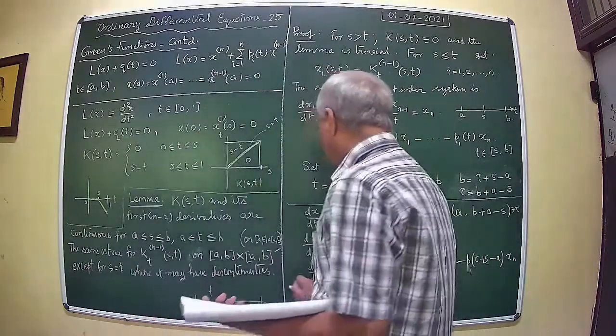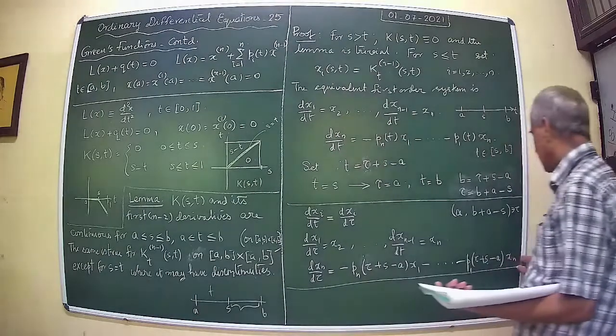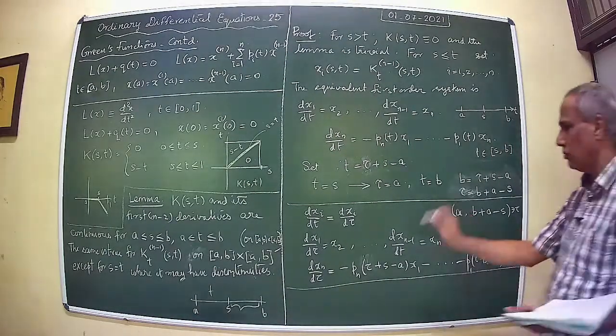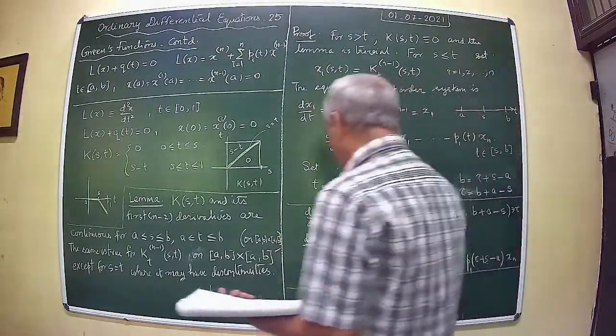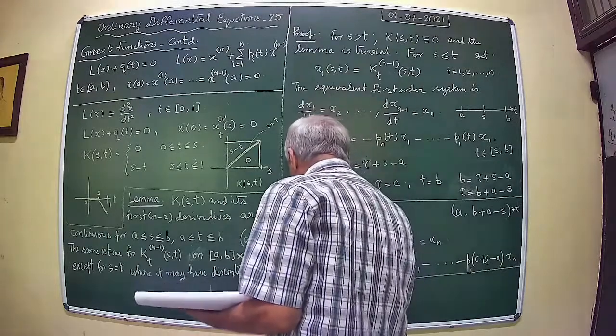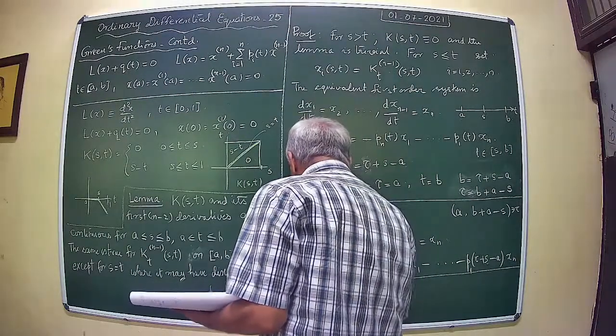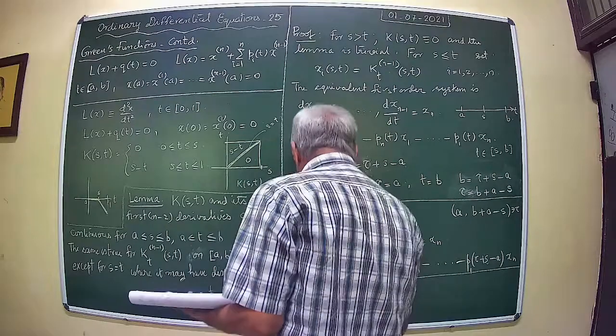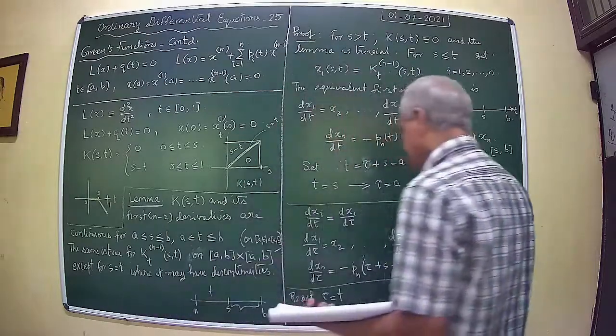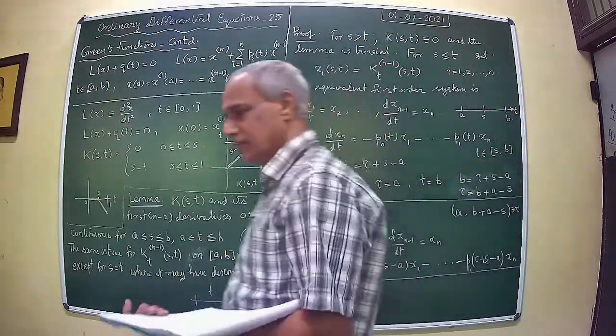Therefore, now we just, to get rid of this tau from our discussion, we reset, that is, this is the new t that is coming. Then we end up with the equations.